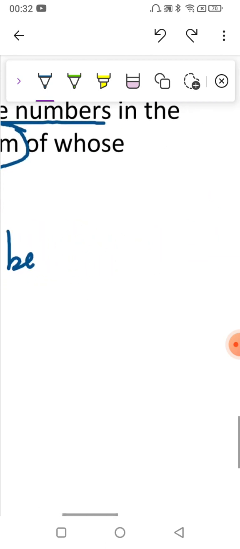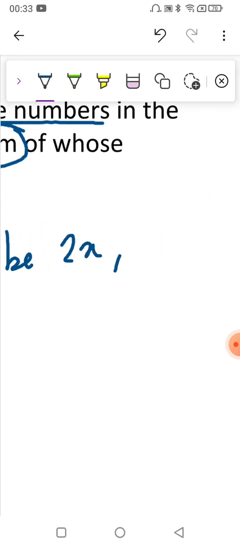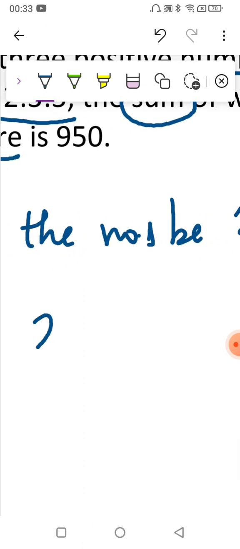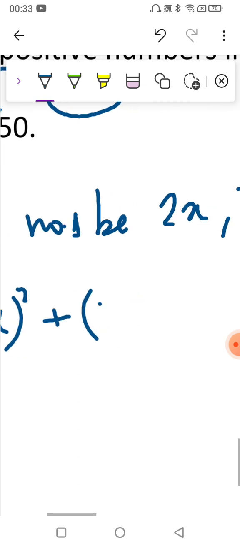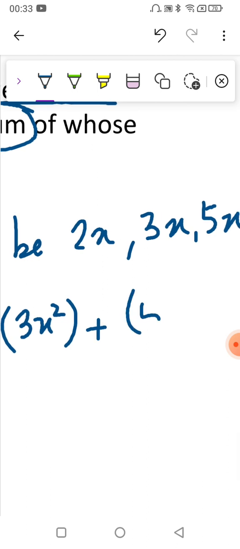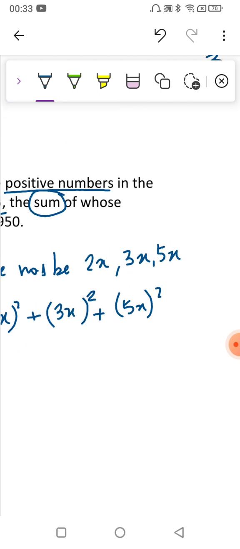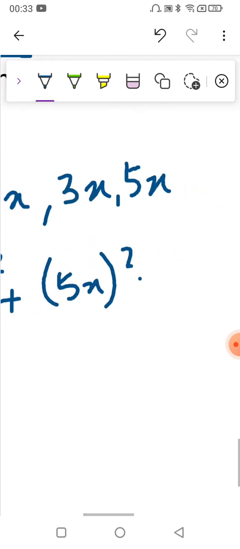First number 2x, next number is 3x and the last number is 5x. 2 is to 3 is to 5, which is written as 2x, 3x and 5x. So sum of the squares: (2x) square plus (3x) square plus (5x) square. These are all whole squares, is equal to 950.